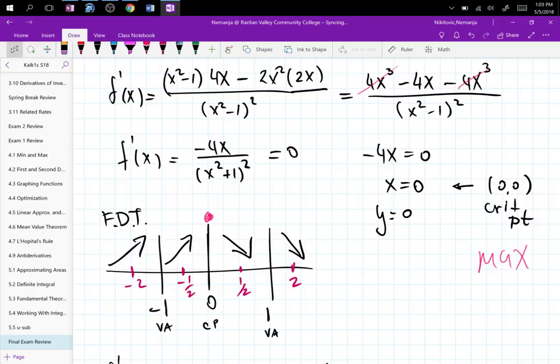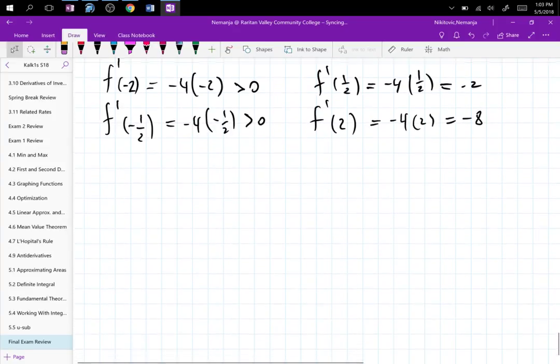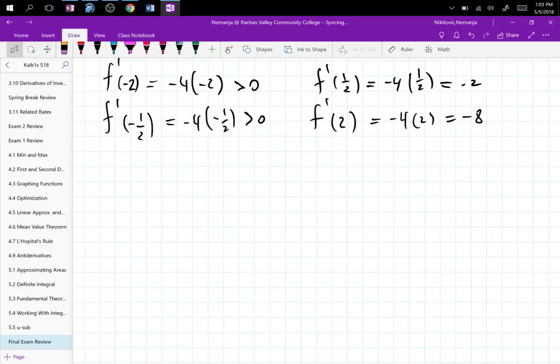Questions, concerns, anything? Can you do one of those? Sure. Which one? We have a logarithmic differentiation coming in.